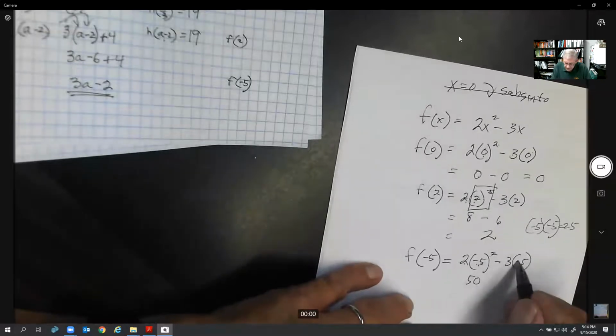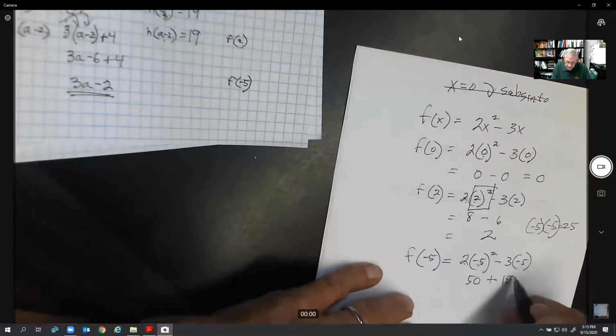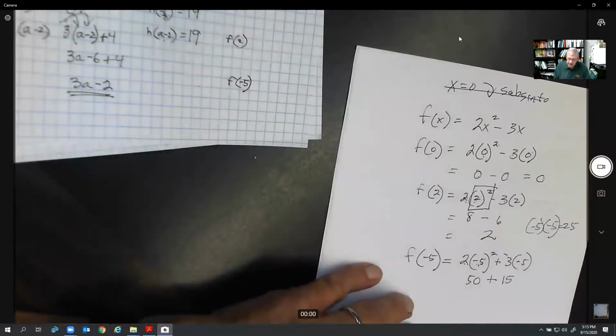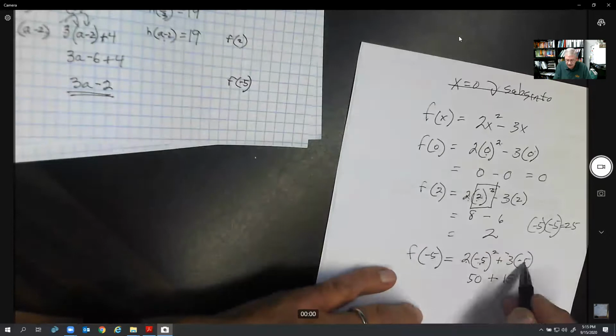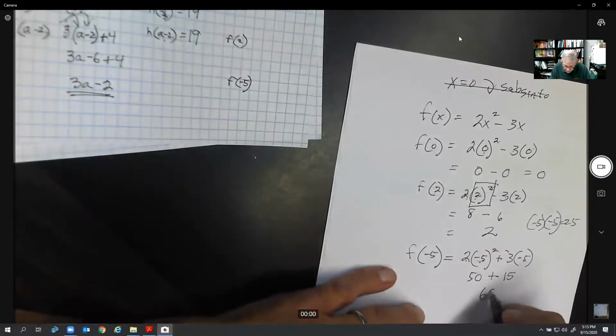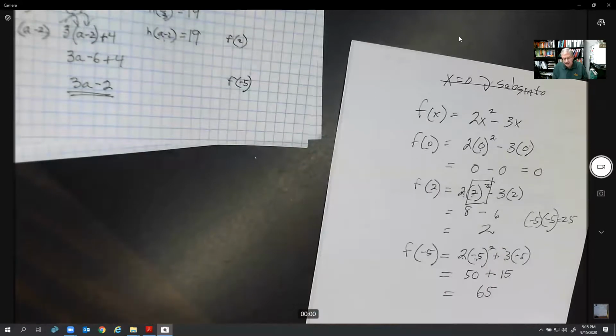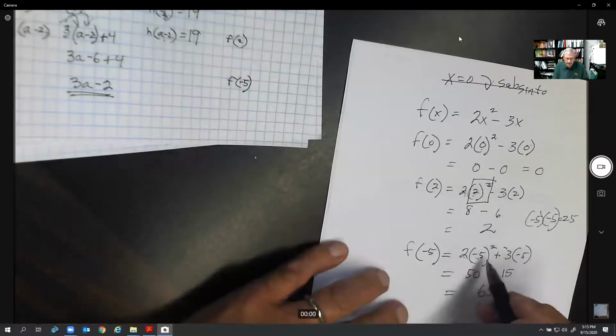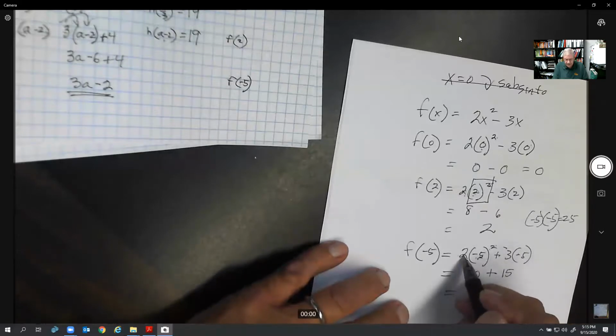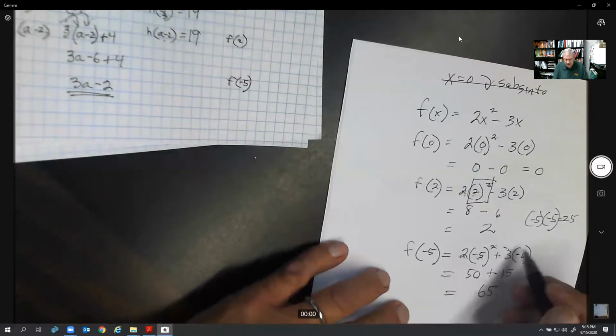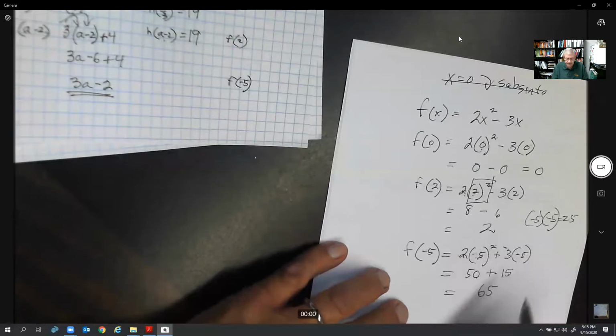Negative times negative, positive. So you just want to be careful. Don't do them so fast that you make a mistake. A negative times a negative is a positive, positive times positive is positive.